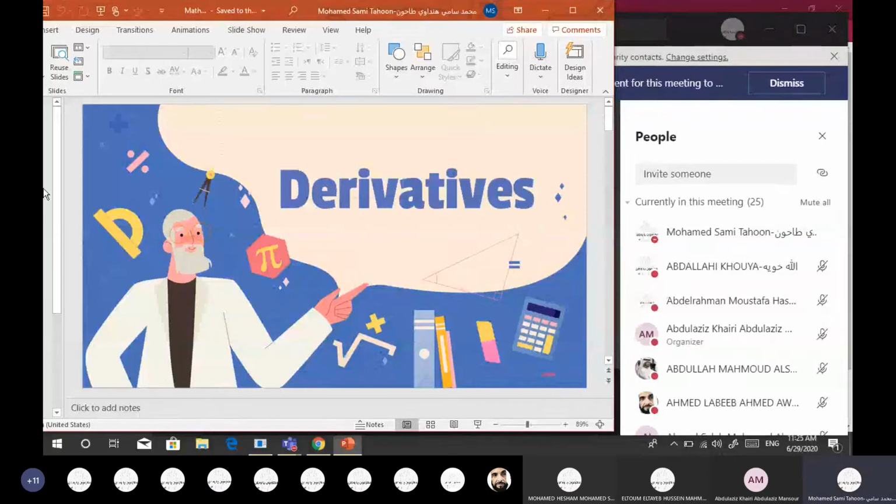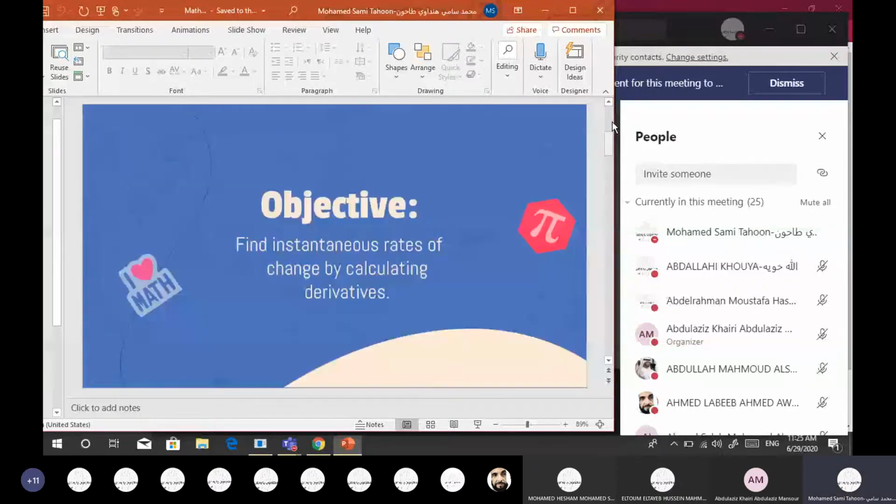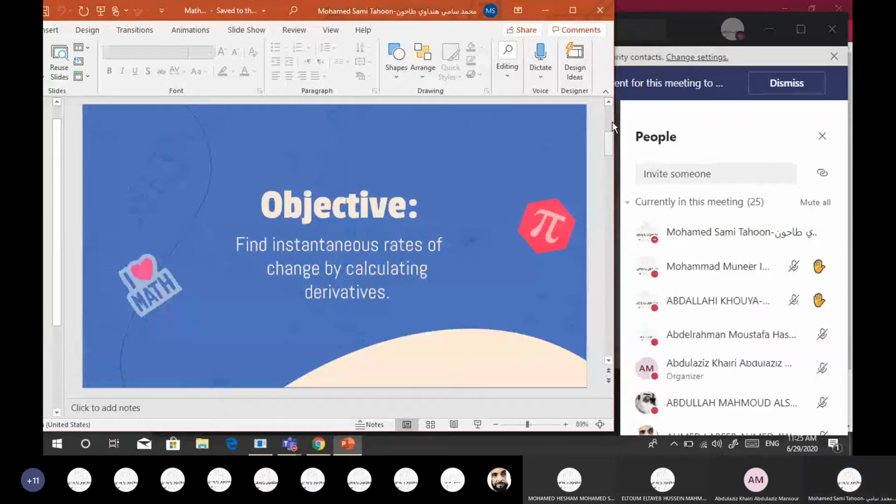Okay, now, can someone please tell me the objectives of today and the new vocabulary? Please raise your hands. Okay, Khoya, please, you can read the objective for today, and Asim is going to read the new vocabulary.